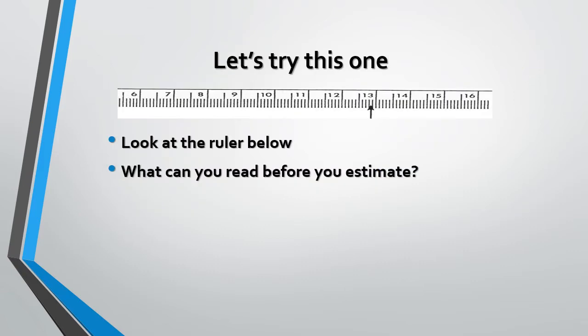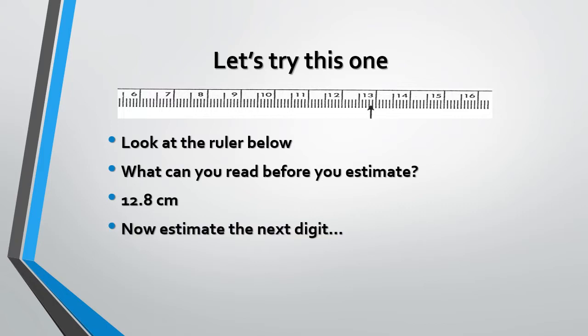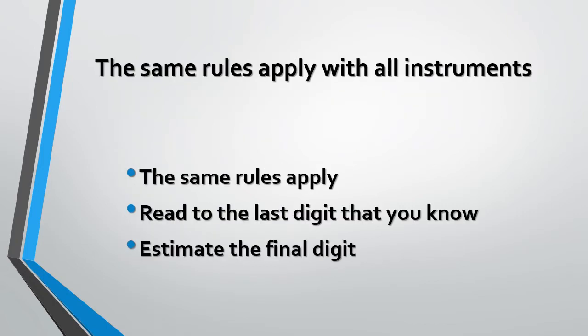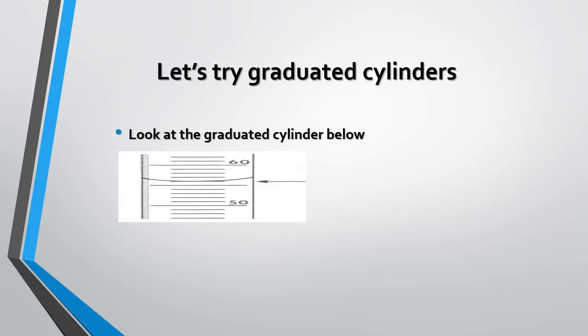How about this one? We can see it's past 12.8, between 12.8 and 12.9. So there are some rules involved. These are very simple. What do you read in this graduated cylinder? Well, simply you have passed 55 and you are right on the 56.